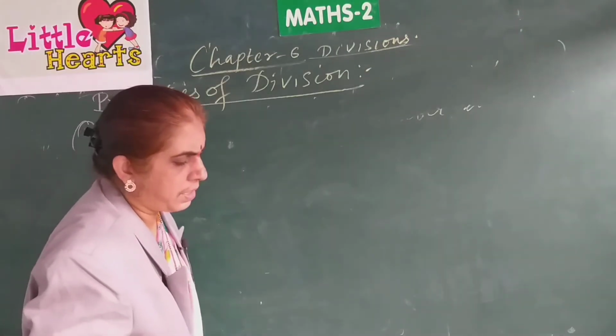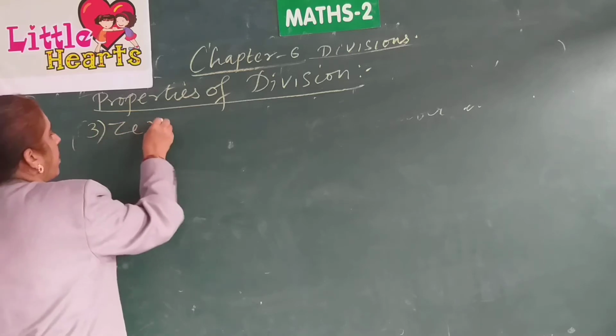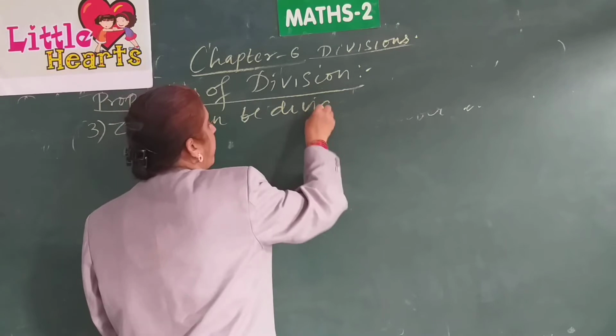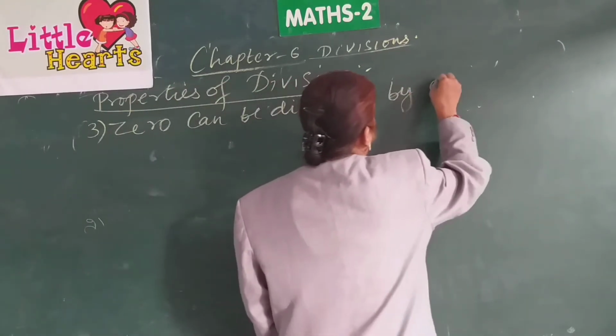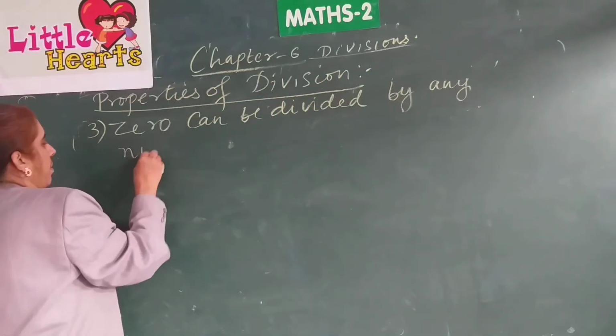Third property is 0 can be divided by any number except 0.